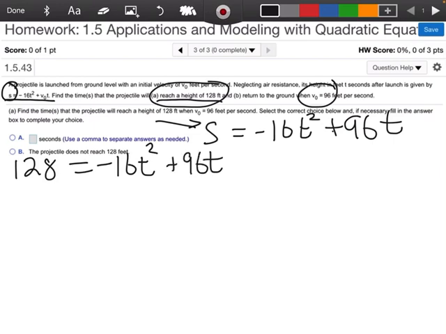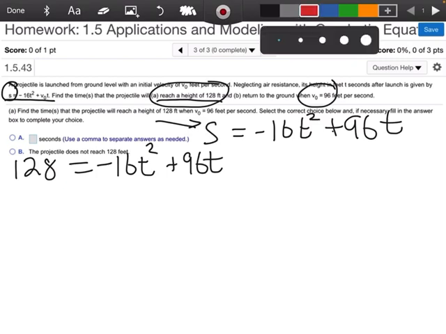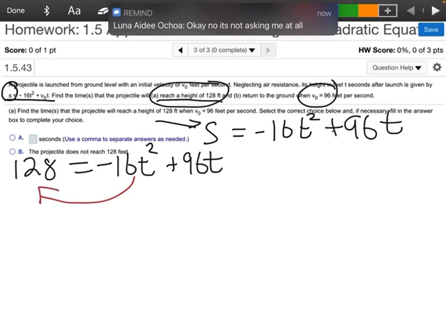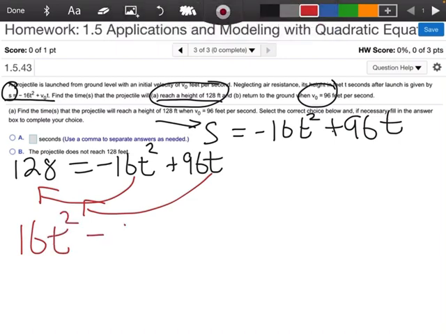Now, since I'm trying to solve a quadratic equation, I need to get 0 on one side. I'm going to go ahead and move these terms this way. And so now I'm going to have 16t squared, positive because I'm crossing the equal sign, minus 96t, my signs are going to change, and it's still a positive 128, and now that's equal to 0. So the first thing I'm going to see if I can do is a little bit of factoring.